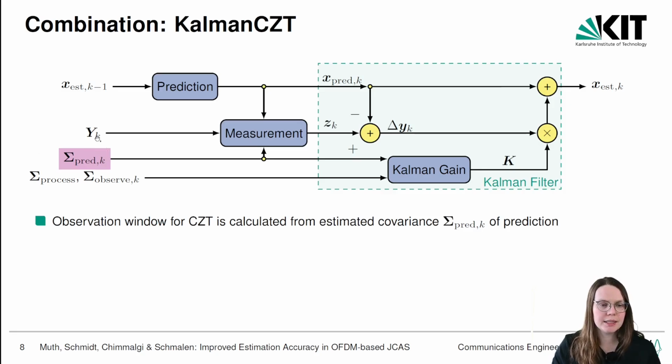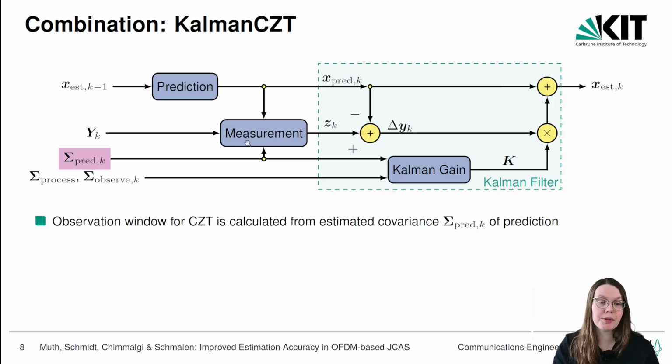We calculate our prediction value, but we also predict the covariance of our prediction. And we use this covariance to decide on our observation window of a CZT. So how much of my unit circle do I need to interpolate and calculate? We just use the 3 sigma rule from the prediction to decide on this width.